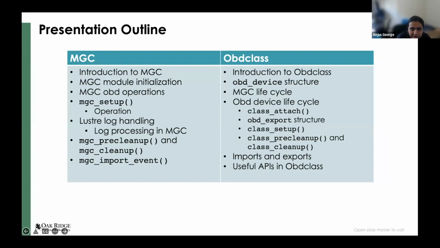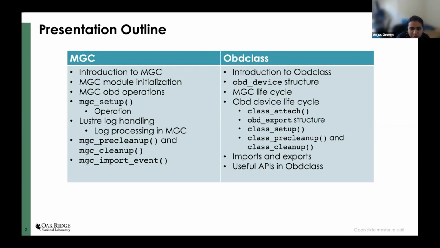Then the detailed workflow of MGC setup and its operation is presented. I will conclude this section after talking about Lustre Log Handling along with other MGC operations such as MGC Cleanup, MGC Pre-Cleanup, and MGC Import Event. Section 2 starts with an introduction to Obdclass.